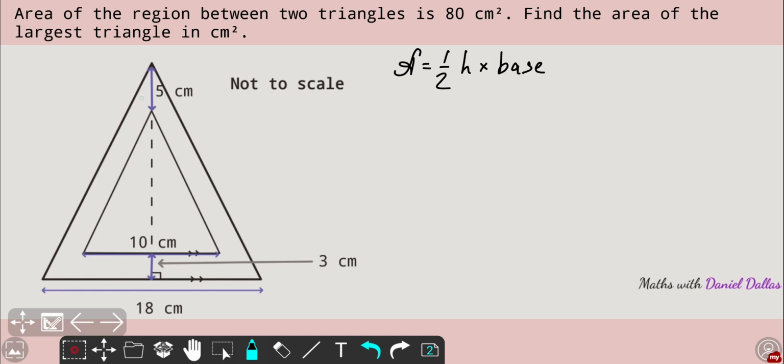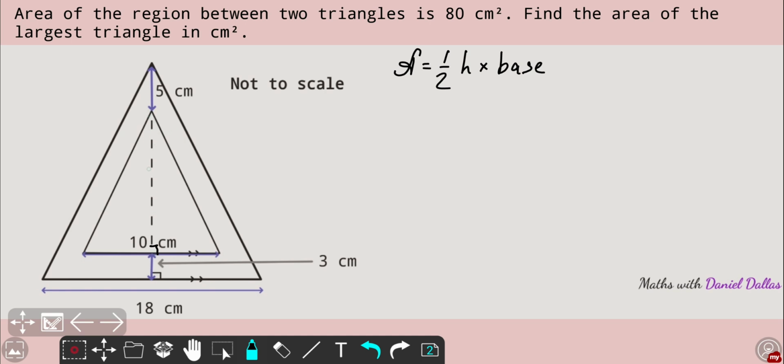We also pay attention to that 5 centimeters segment that goes down as a dashed line and then goes down as 3 centimeters over there. Because of the two parallel lines, the line that goes through the vertex and down to both bases is perpendicular to the lowest base, so it's perpendicular to the base in the small triangle too. So this angle is also a right angle, and that's why it's a height.